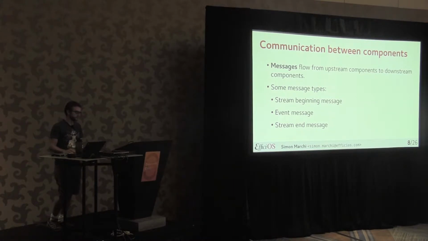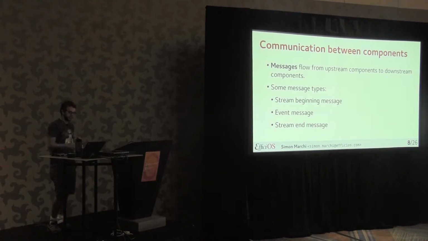And just to be accurate, when you think about how components are written later, I said that components send the messages downstream, but how it works internally is actually the opposite way. It all starts with the sinks: once they need to consume messages, they ask their upstream component, please, if you have some messages, give them to me.